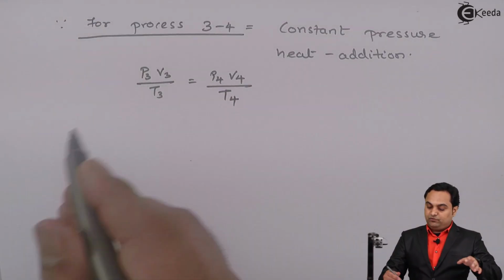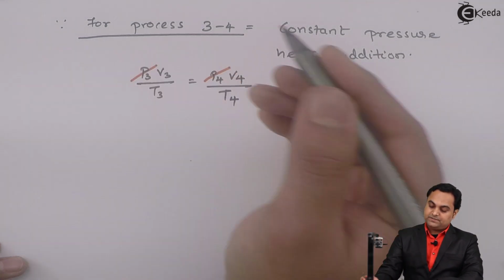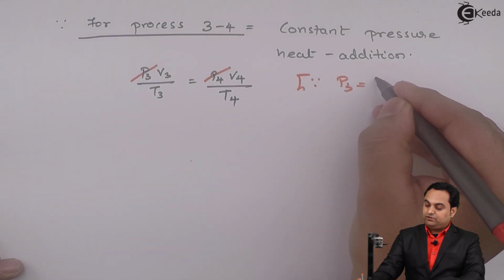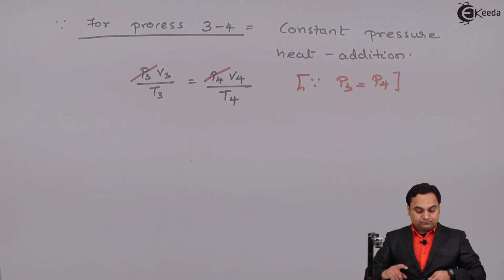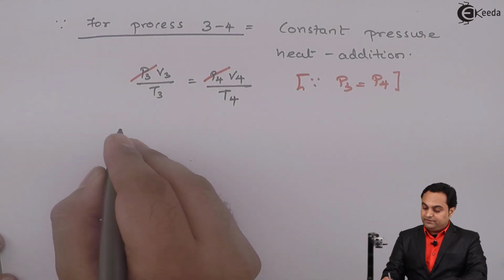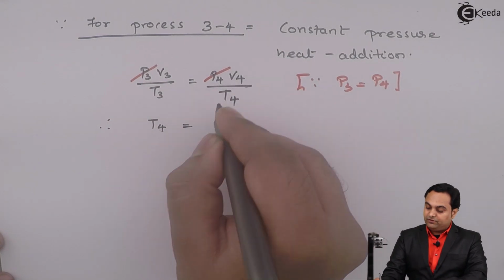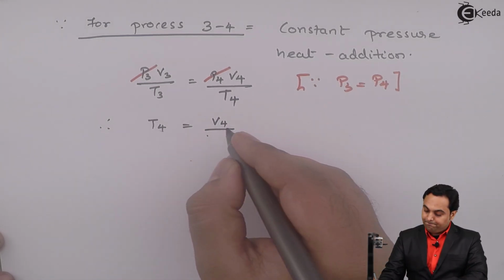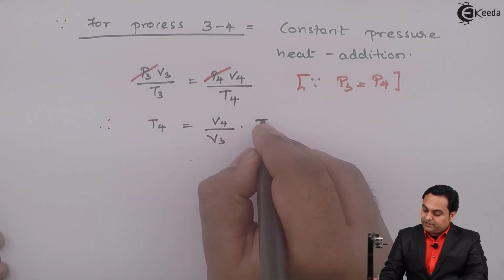So P3 and P4 are same, they will get cancelled out from both the sides, since P3 is equal to P4. So therefore here I'll shift T4 on one side, so T4 will be shifted here and this will be equal to V4 upon V3, and T3 will be multiplied here.